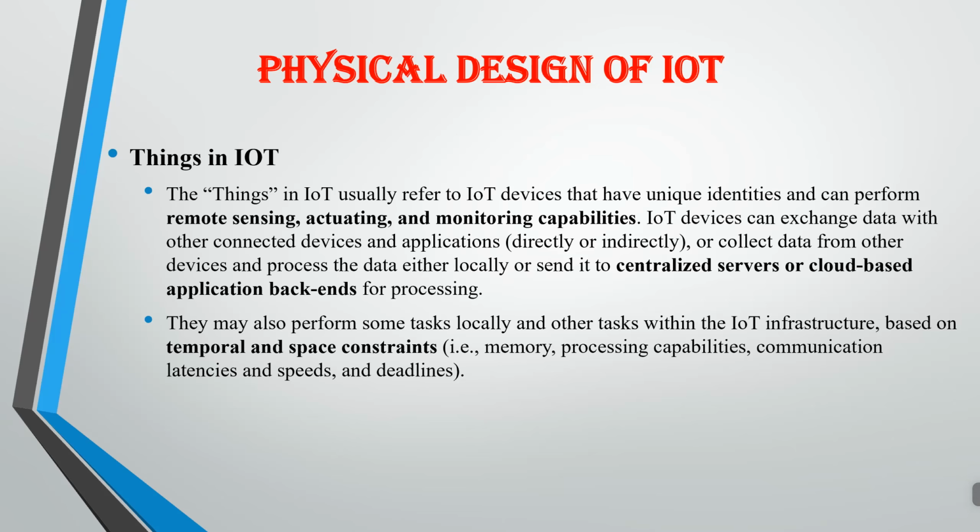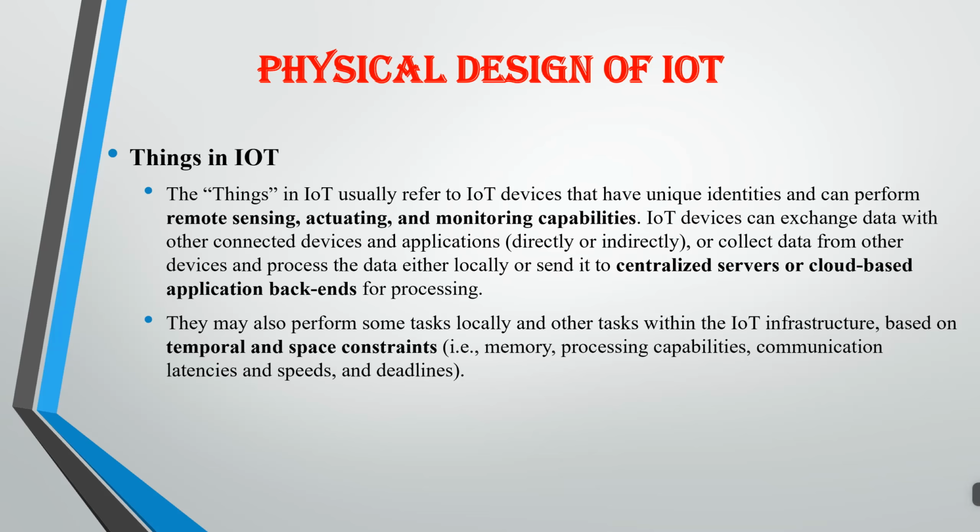Now, the things in IoT, Internet of Things. The things in IoT usually refer to IoT devices that have unique identities and can perform remote sensing, actuating, and monitoring capabilities.